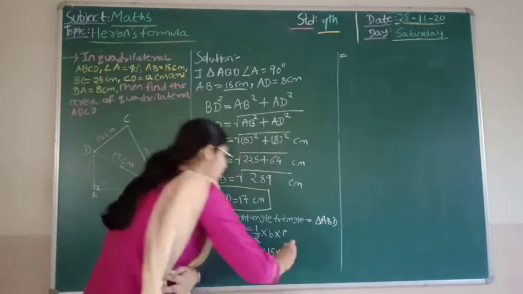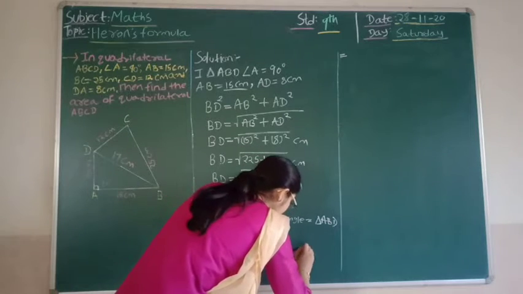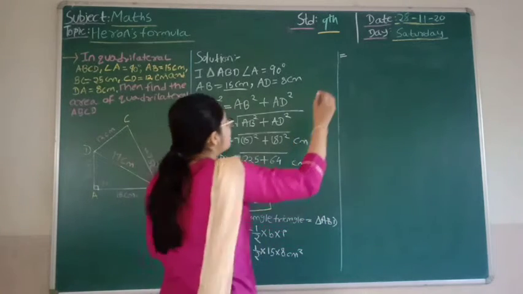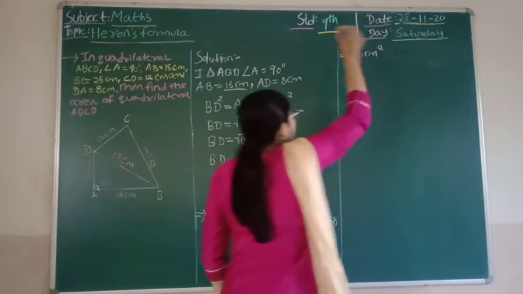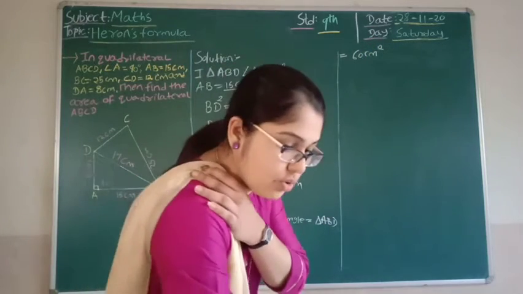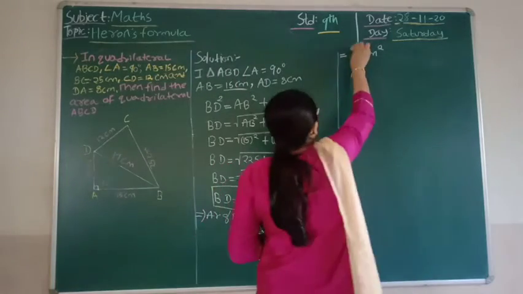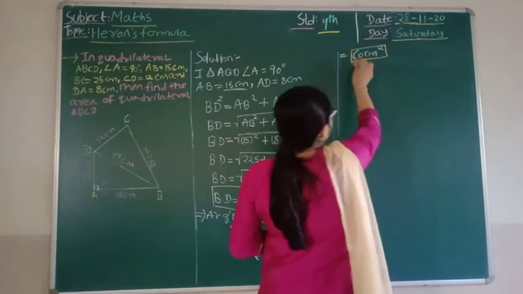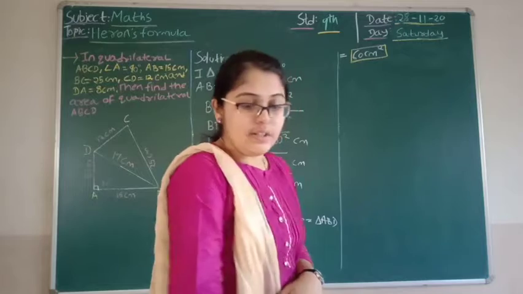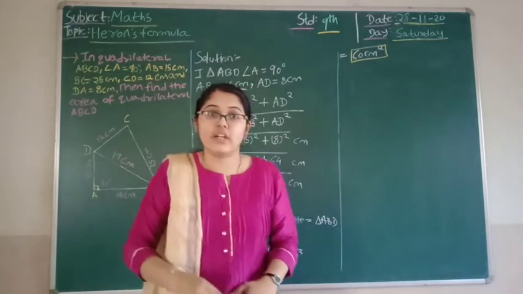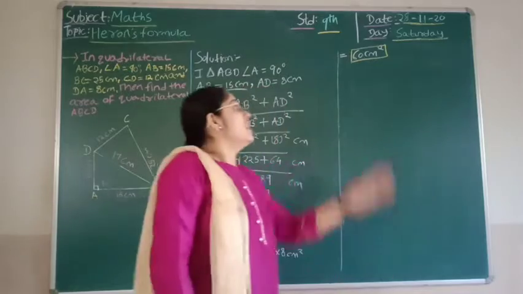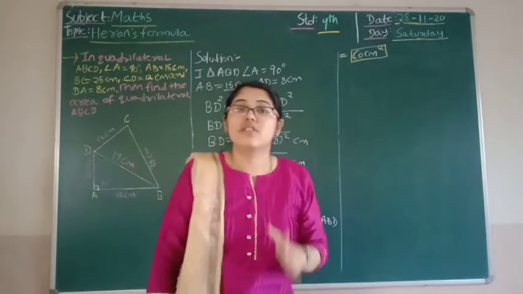So I am writing over here the answer 60 centimeter square. So my area for the triangle ABD, which is a right angle triangle, is 60 centimeter square.